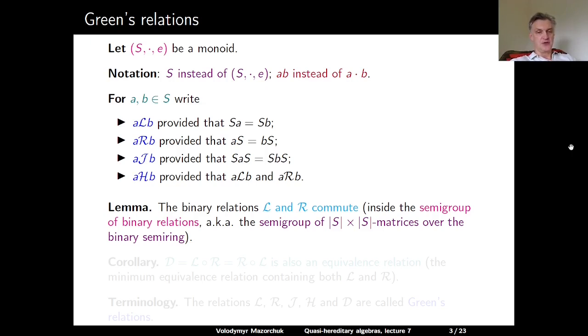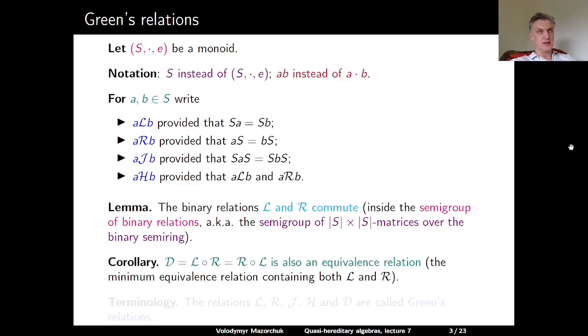And if we have two equivalence relations L and R, it turns out that they commute with respect to this multiplication. As a consequence, their product, it doesn't matter in which order we take this product, is again an equivalence relation.